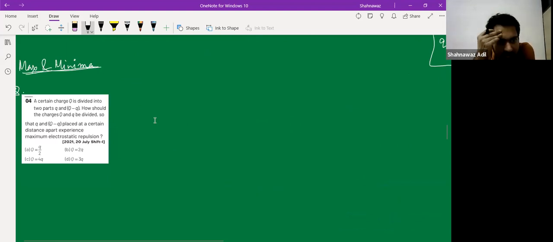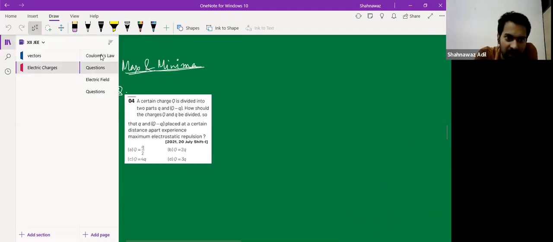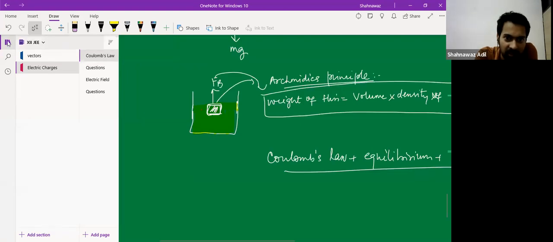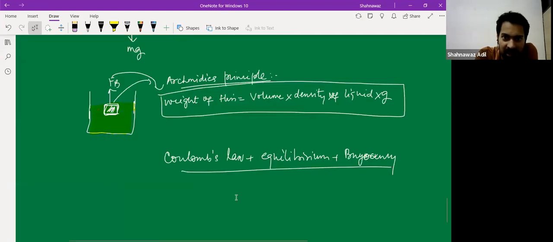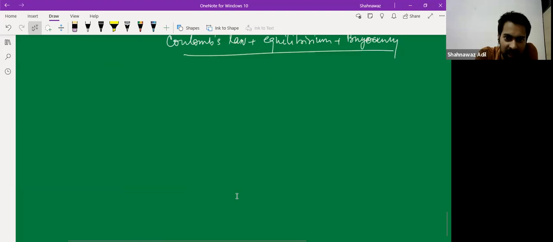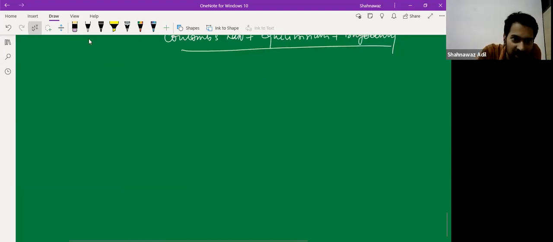Before I do that, this is maxima and minima. So you guys know about maxima and minima, right? Before we do this buoyancy, let us understand about the maxima and minima. So you have some graph, let's say this is y, which is f of x, and this is x, and this is the graph.